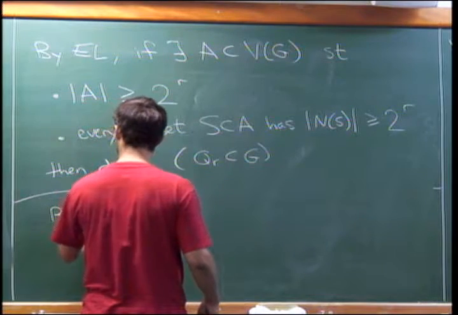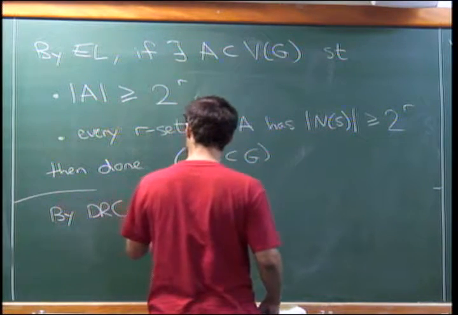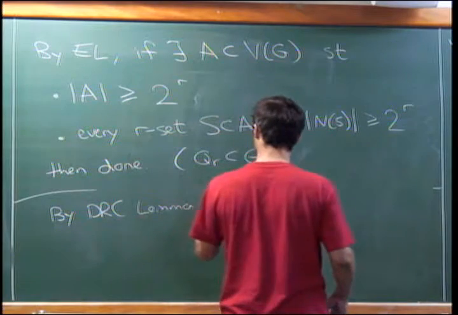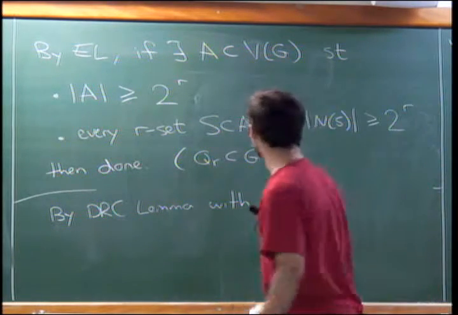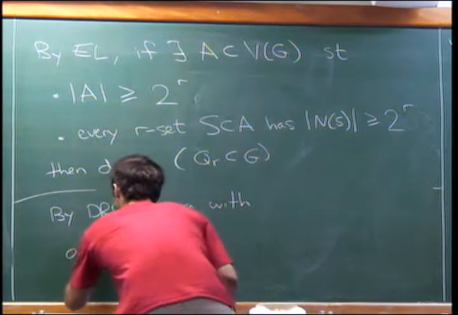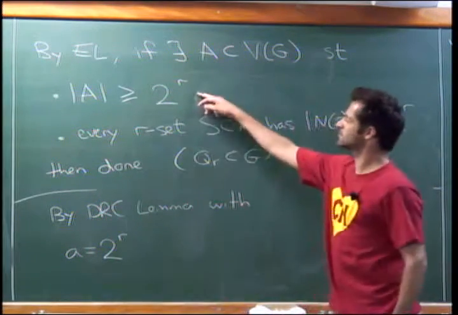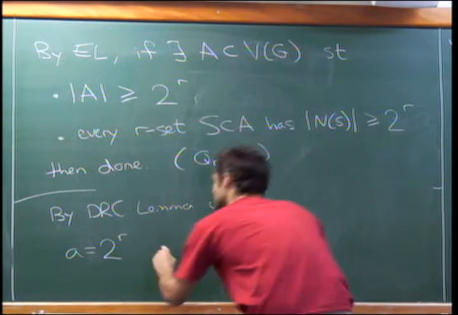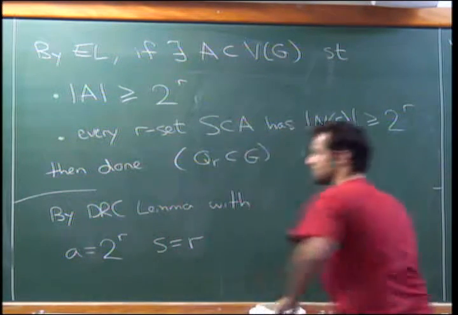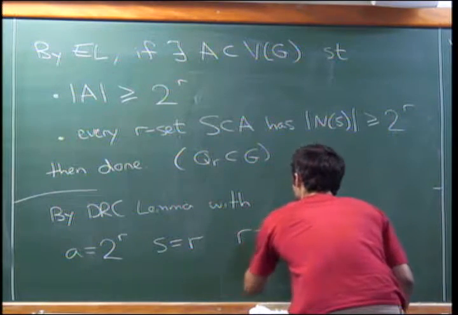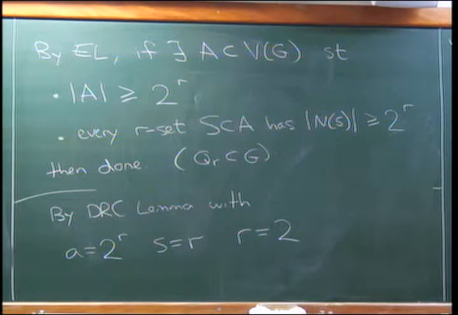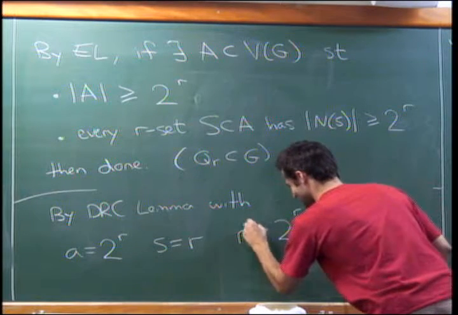So, by the dependent random choice lemma, what do we want? So, A equals 2 to the R, S equals R, and R equals, sorry, that's an absolutely terrible choice of letters. 2 to the R. Different R.